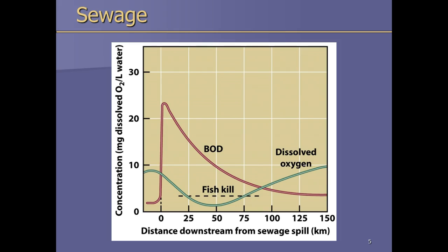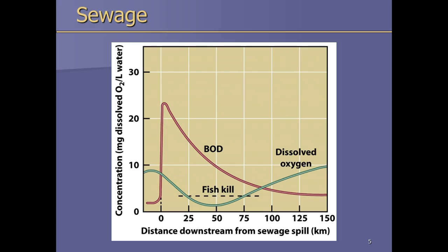This is a graph of eutrophication. If you look at ground zero, at 0, that's where we're having the sewage spill. And before, if you will, look at the dissolved oxygen levels, then notice as biological oxygen demand increases very, very rapidly, we get fish kills.